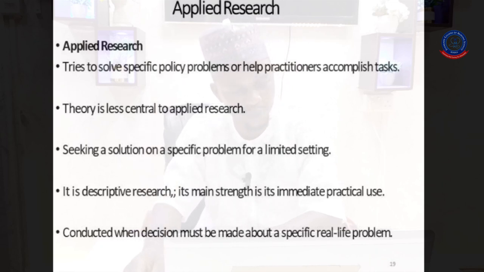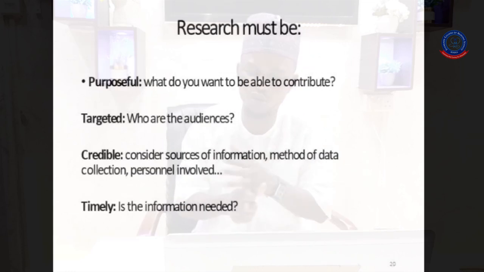Then it must be credible, in the sense that it considers sources of information, method of data collection, and personnel involved. Is it a good source? How do you collect your data?